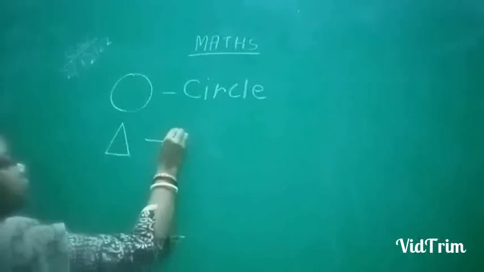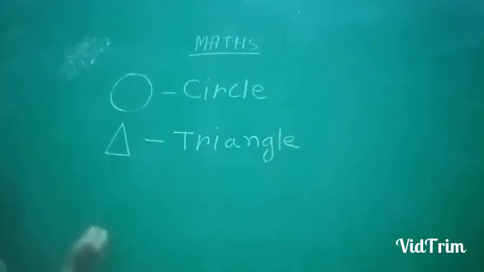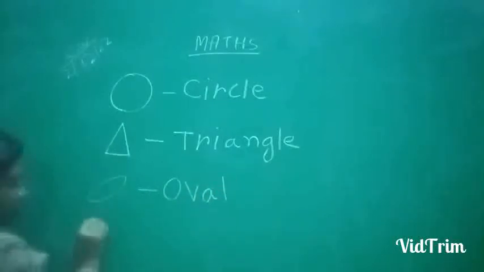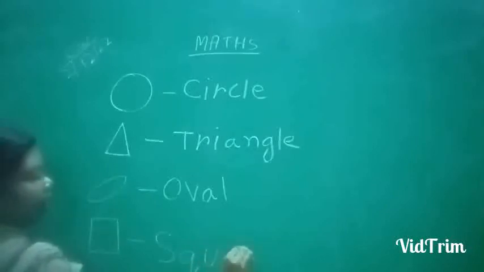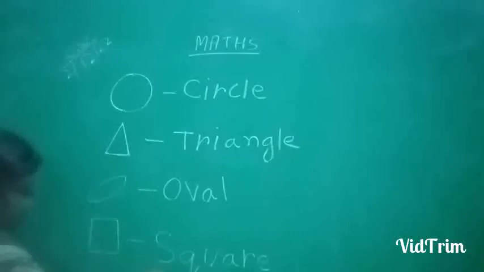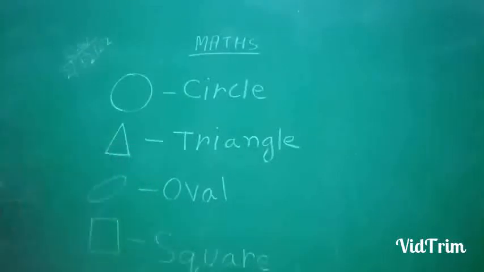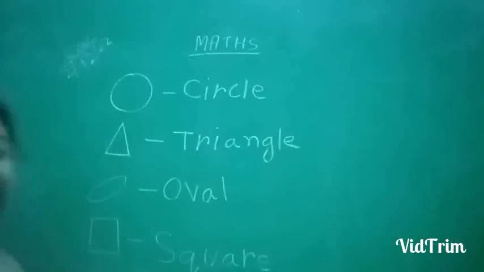Triangle, T-R-I-A-N-G-L-E. We have to learn the spelling. Circle, triangle, oval, square, then rectangle.